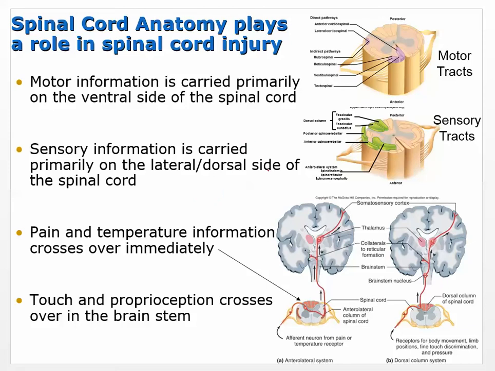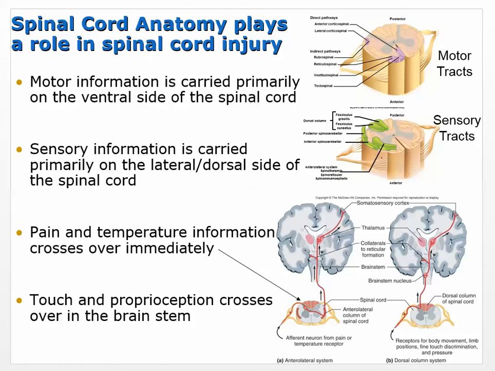Okay, so the spinal cord injuries usually don't cause complete severing of the spinal cord. Usually there's some kind of damage to a part of the spinal cord, and that's a really important thing to remember. If we look at the anatomy of the spinal cord, it's really just a bunch of tracts, okay?